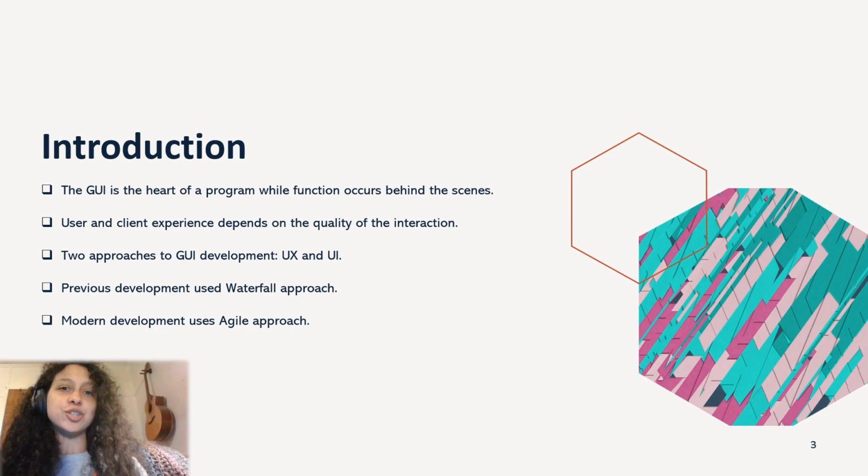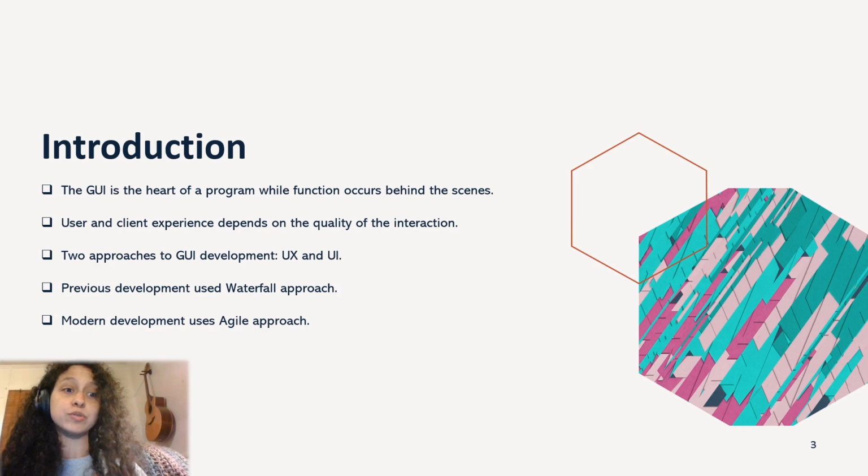In many ways, the GUI is the heart of a program. A lot of functionality may happen behind the scenes, but user and client's experiences with different programs and services really rely on the quality of their interaction with those products.